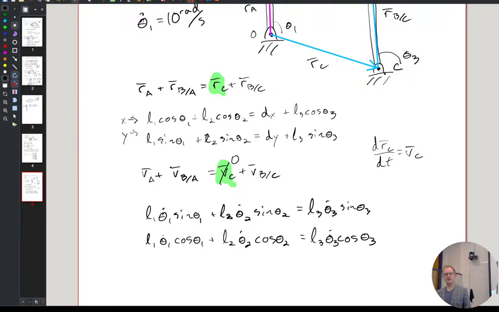So we can take the same values in there. Cool.